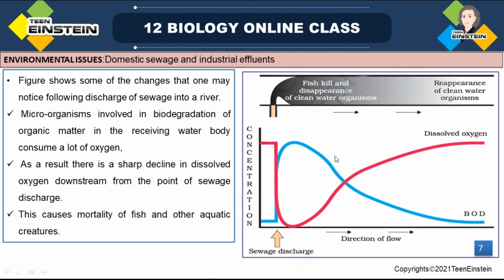A sharp decline you can see, and that causes the death of aquatic organisms. Fish and other aquatic organisms may die due to that sharp decline in the oxygen level. Okay. See, this is the direction of flow, and this is the concentration.